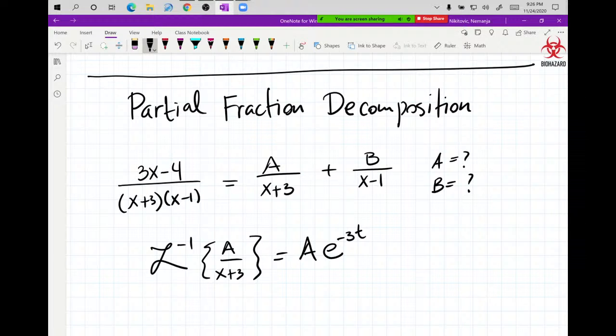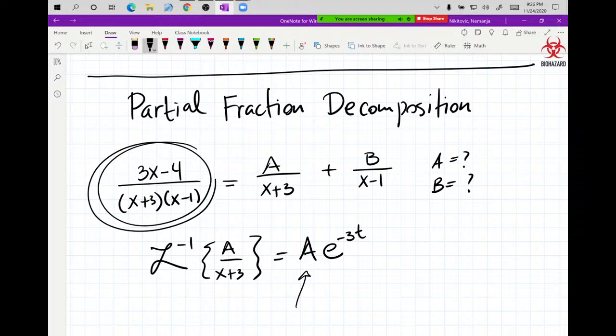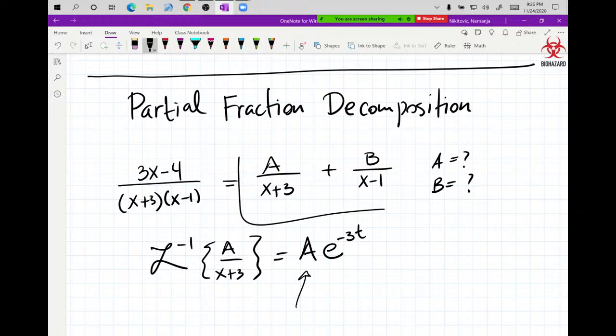So all I need to do is to work out my partial fraction decomposition to actually figure out what A is. I don't have this in my inverse Laplace or forward Laplace tables. So when I get something like this as my solution in the frequency domain, I need to break it apart into these small chunks that will make sense.